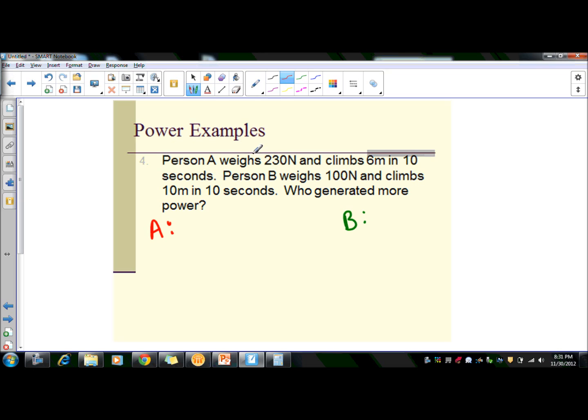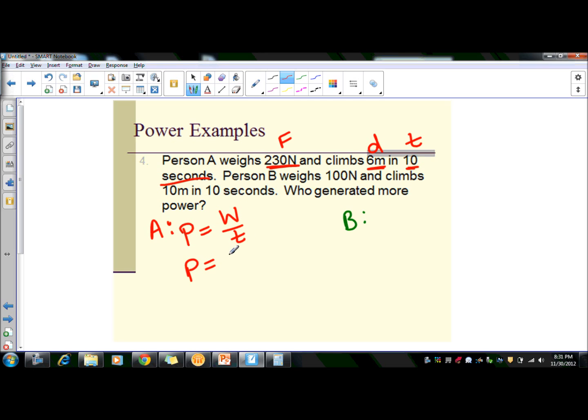So for person A, we have this weight. Weight is a type of force. This person is also going 6 meters, which is our distance, and does it in 10 seconds, which is our time. So I'm going to do a shortcut here now. So work over time.